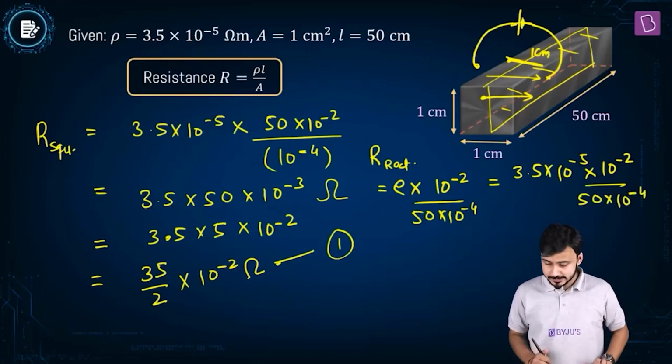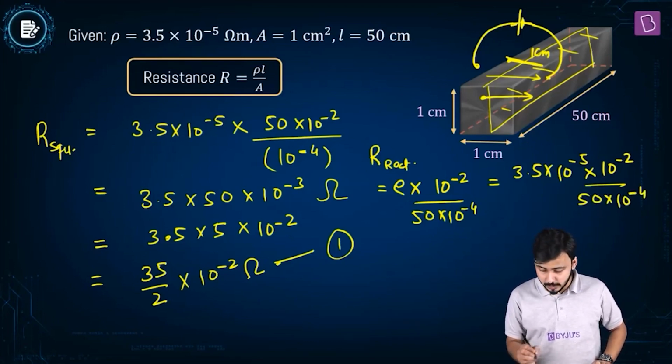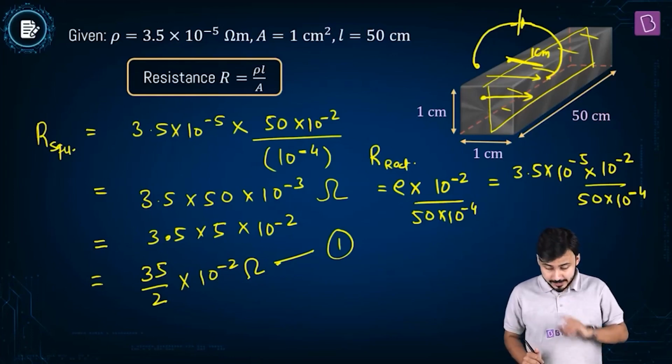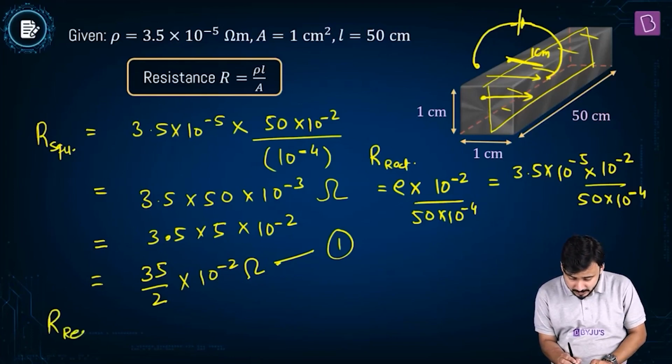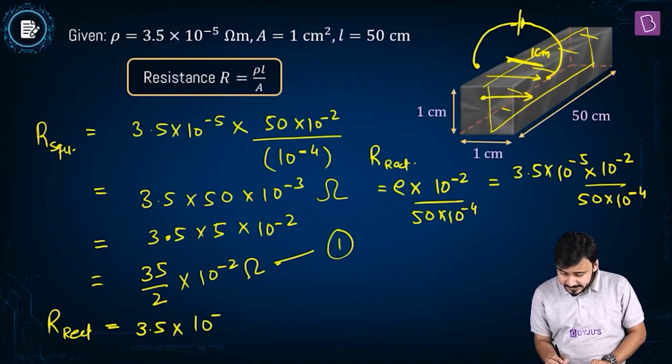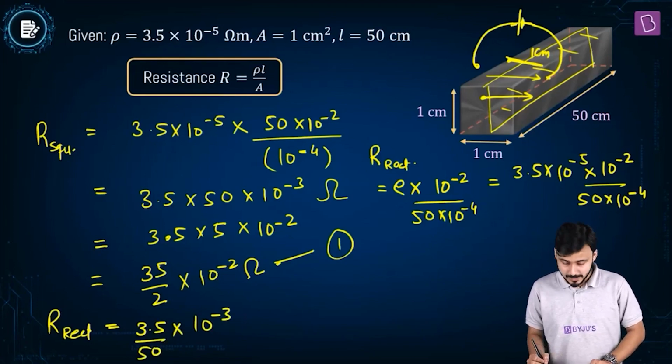Now you solve this. This becomes minus 4, this becomes plus 4 on the upper side, this becomes 10 raised to power minus 1 minus 2, that's 10 raised to power minus 3, right? So R across rectangular surfaces becomes equal to 3.5 multiplied by 10 raised to power minus 3 divided by 50. Correct?